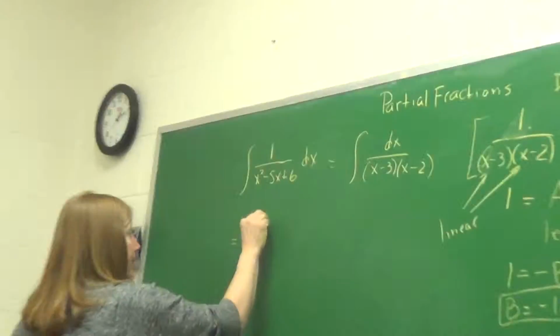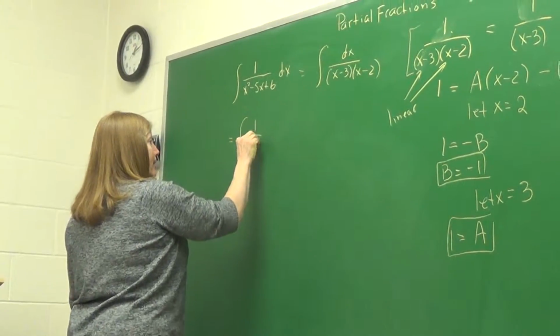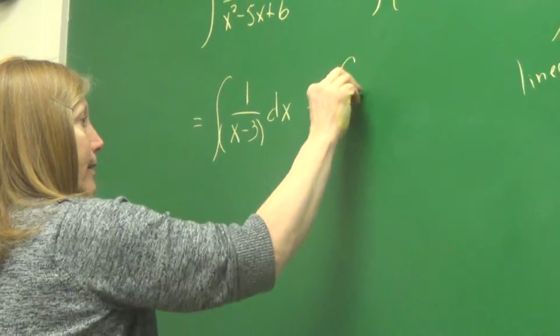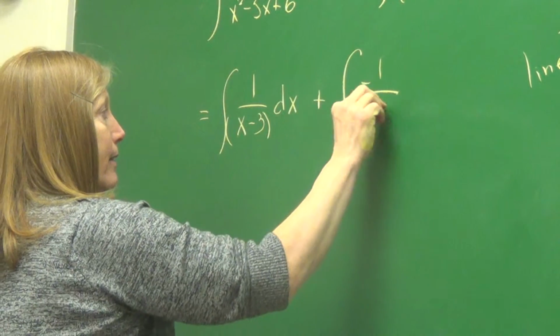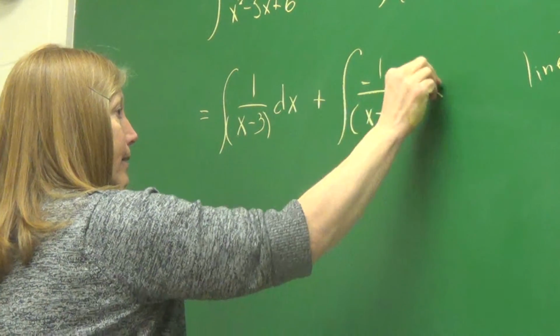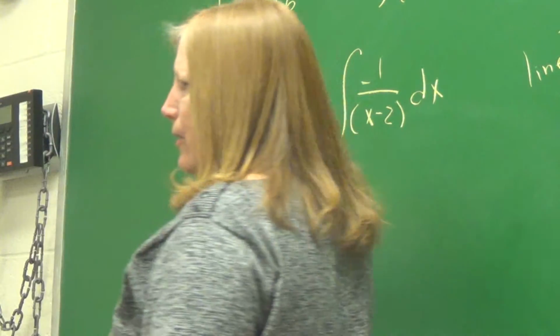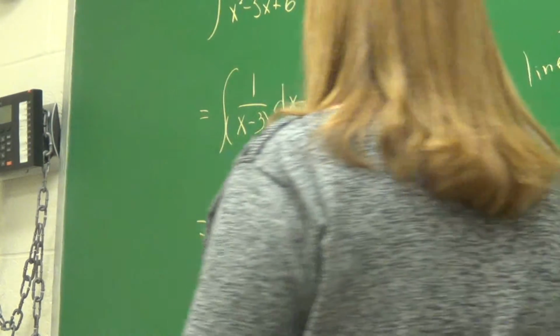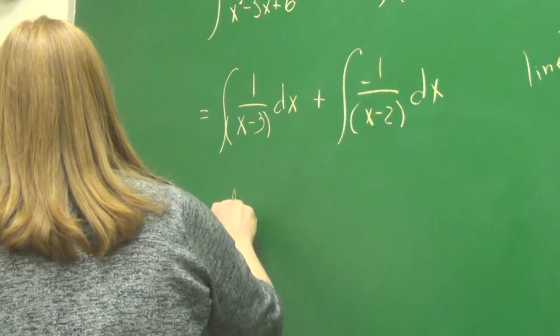I'll write it over here while you ponder. What is the integral of 1 over (x minus 3)? ln|x minus 3|. Very good.